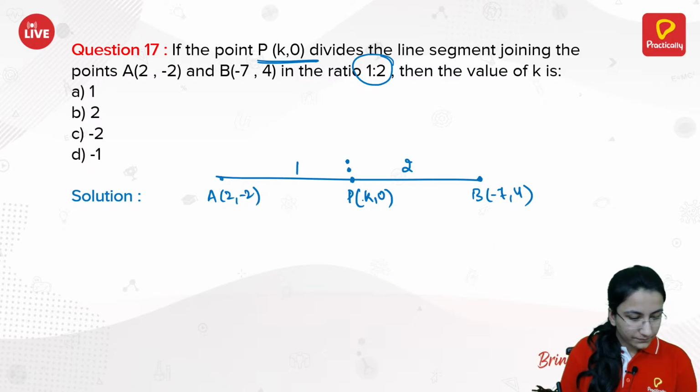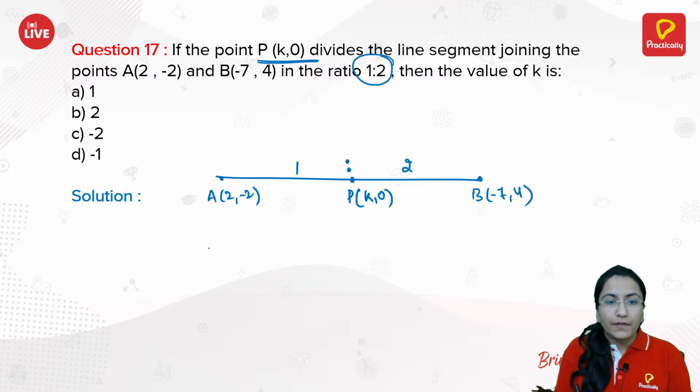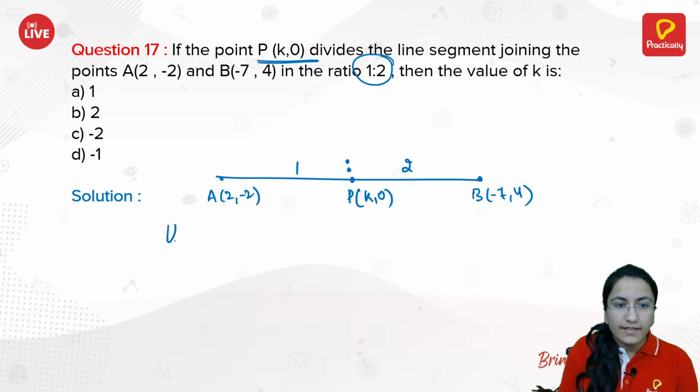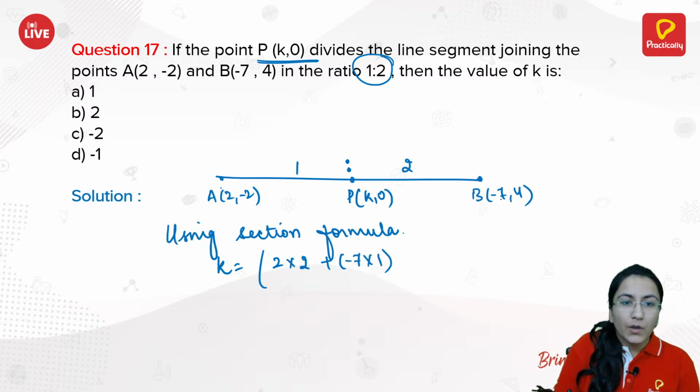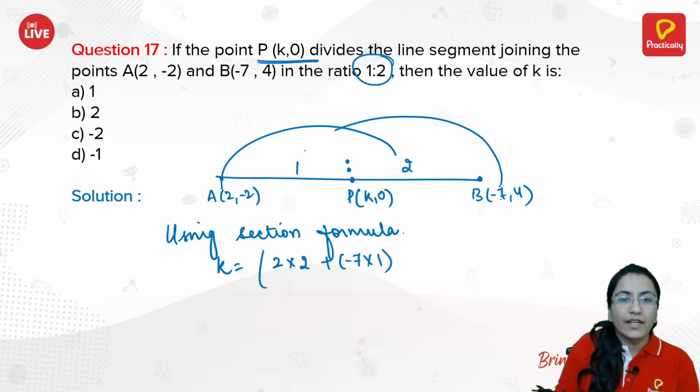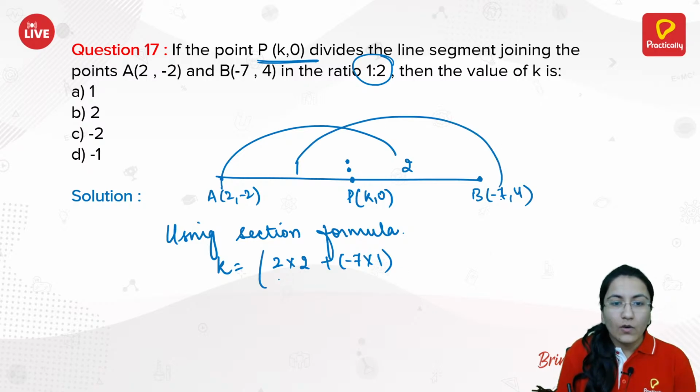So using section formula, you have k is equal to 2 into 2 plus minus 7 into 1 over the sum of the ratios, 1 plus 2.